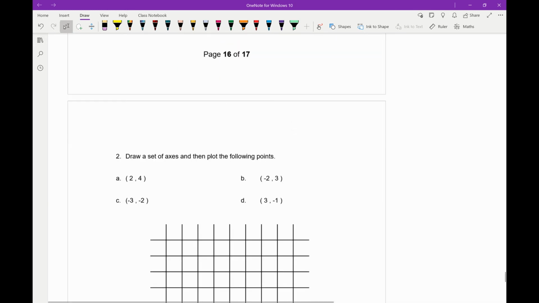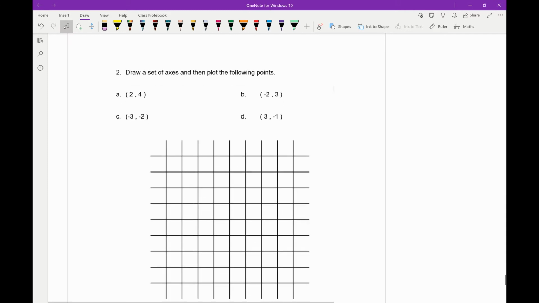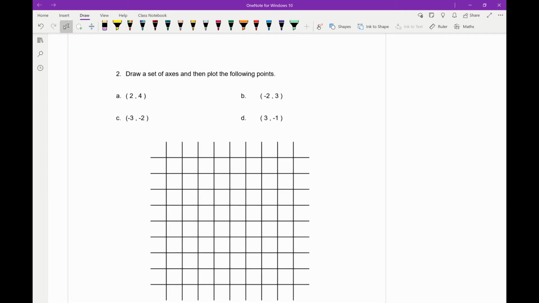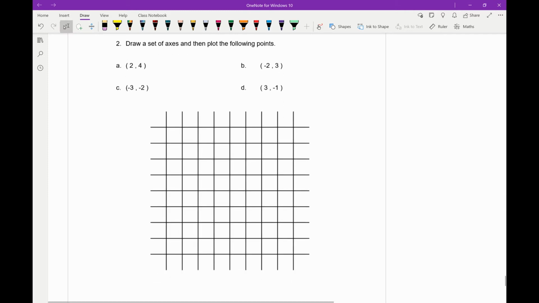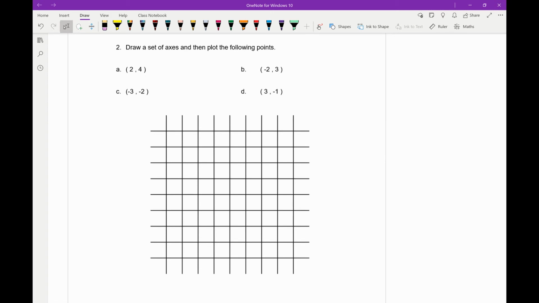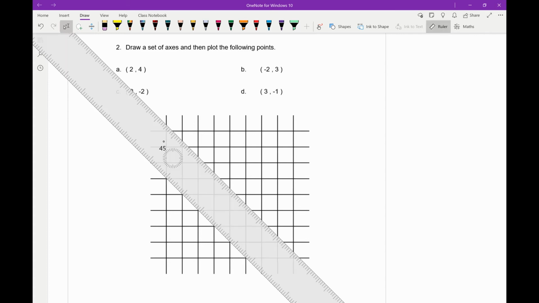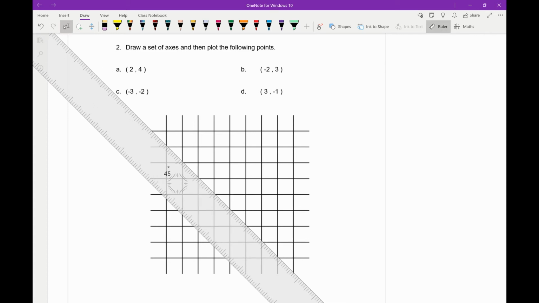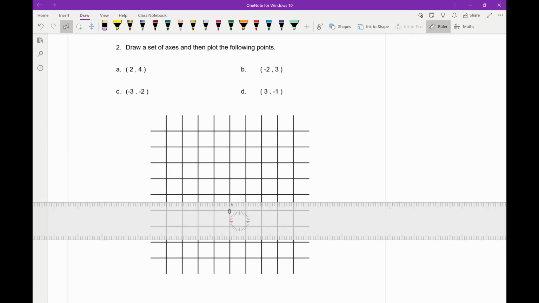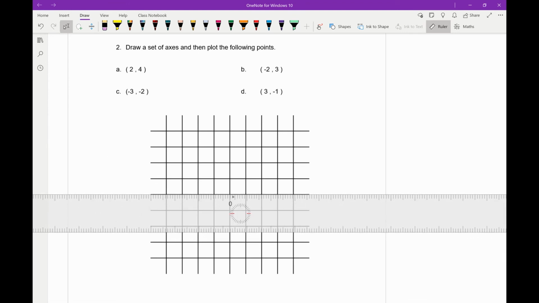Okay, on the next page we want to do the reverse. So here I'm giving you the coordinates, and you have to draw them on your Cartesian plane. Now, just for a bit of extra practice, you have to draw a Cartesian plane. So using your ruler, put your ruler in close into the middle line there, and you draw a line going across.